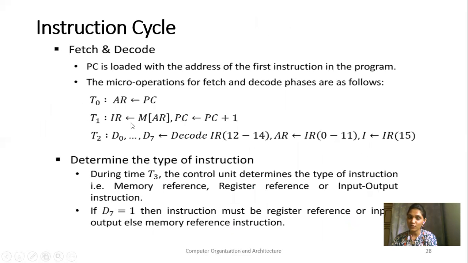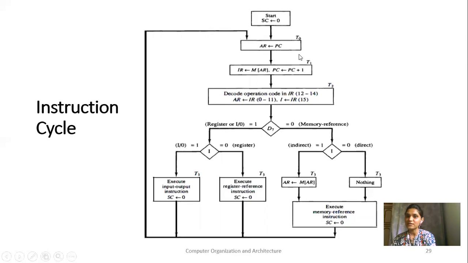In timing signal T1, you will store the content of memory location AR into the IR register and the program counter will be incremented. So in timing signal 1, we are going to complete this operation. In the second timing signal T2, you will decode the 3 bits. The address is stored into the address register, and the IR 15th bit is stored into the I register.